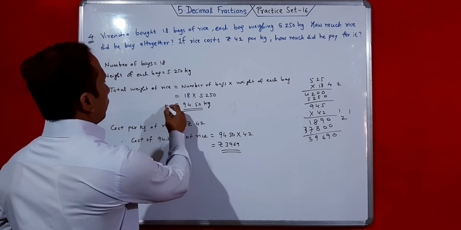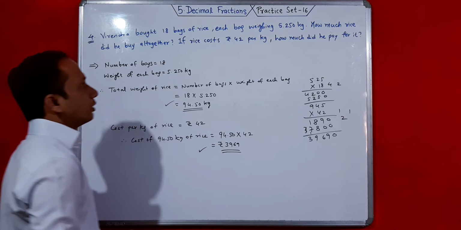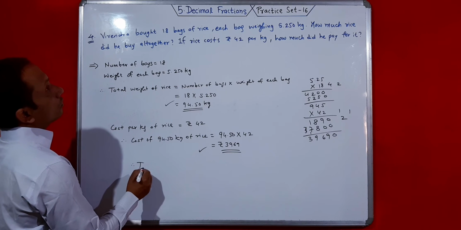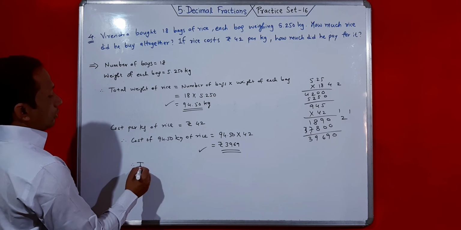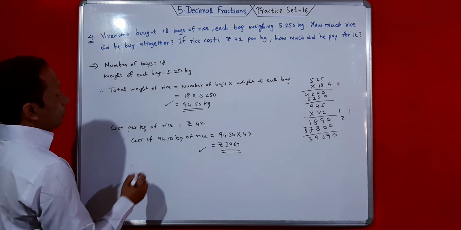So this is the total weight of rice, and this is the amount he pays for it. So I will write the total. How much rice did he buy altogether?